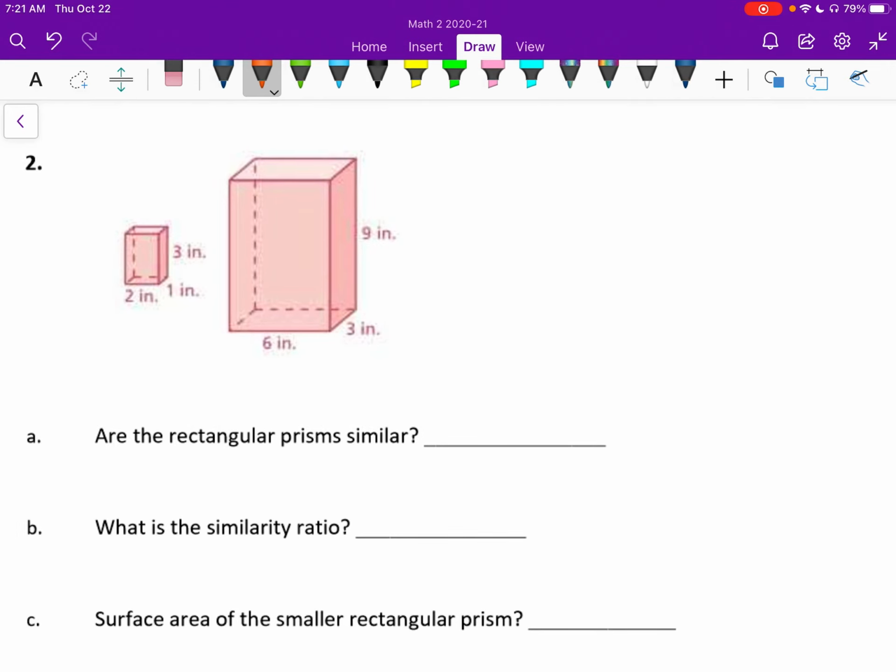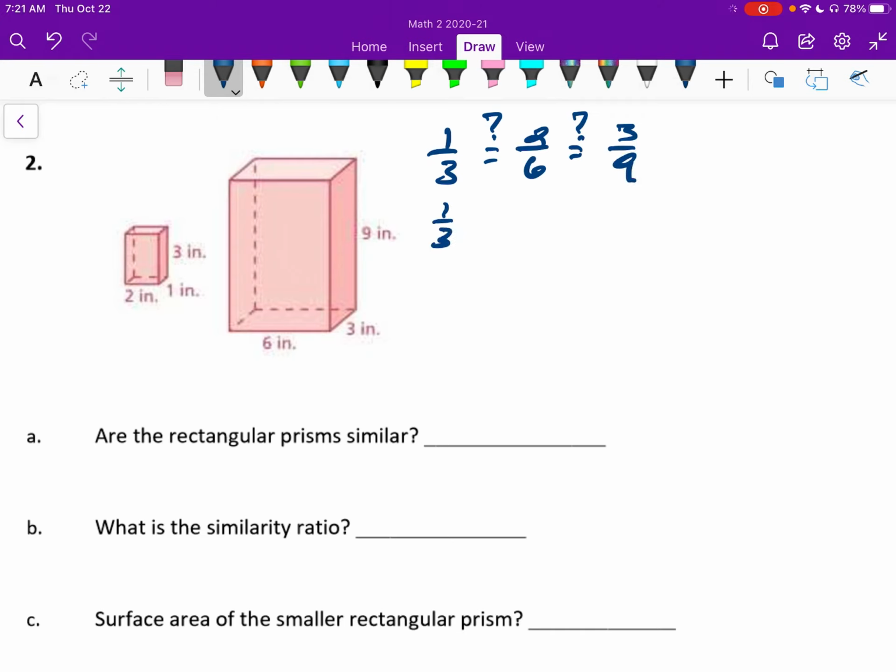Are the rectangular prisms similar? Well, we're told that they're rectangular prisms, so we don't need to check the angles, but we do need to check the sides. We'll take the smallest sides first. We'll do 1 over 3. Is that equal to 2 over 6? Is that equal to 3 over 9?